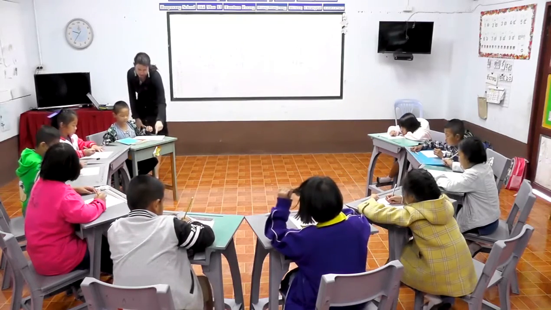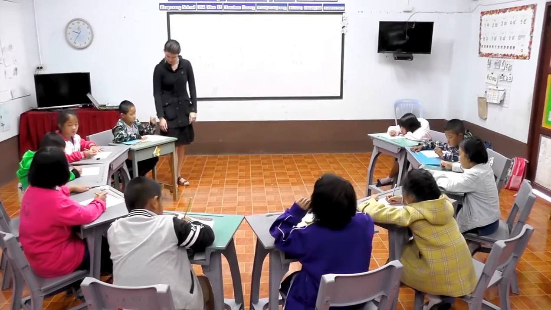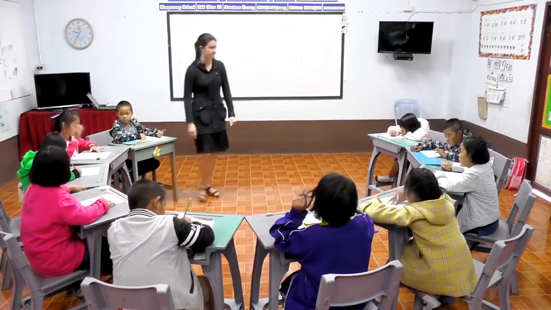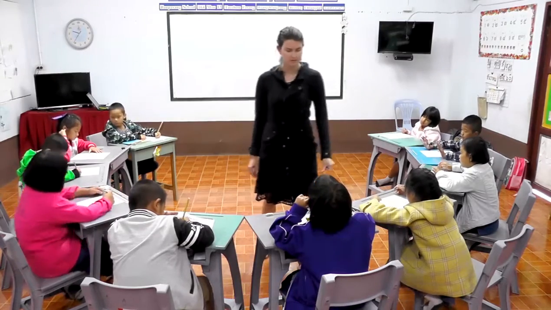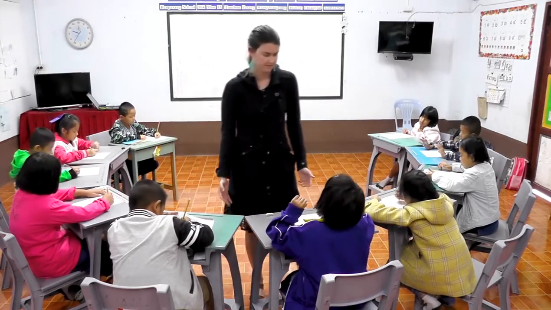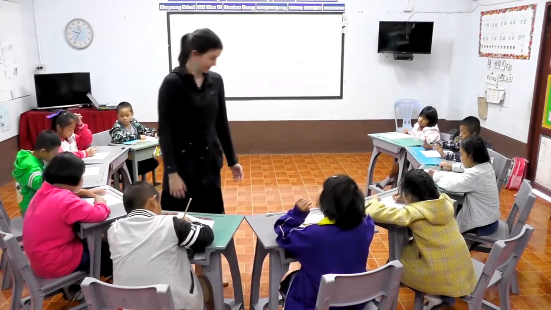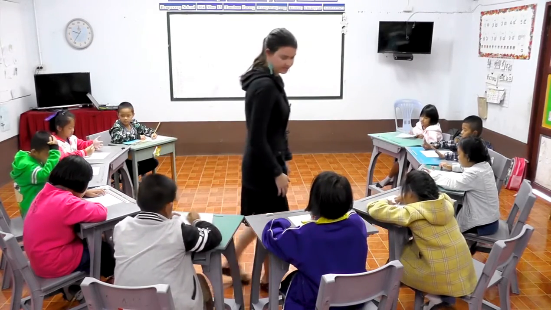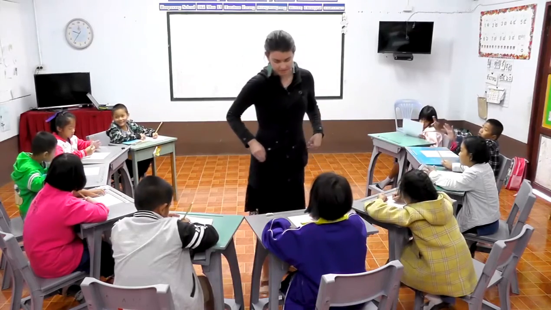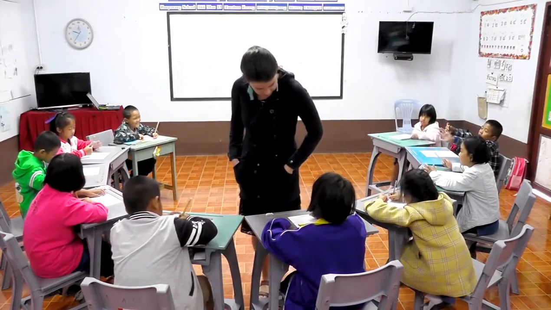Keep going, friends. 42 plus 8. What's 42 plus 8? Equals 50. 8 times 1 equals 8.